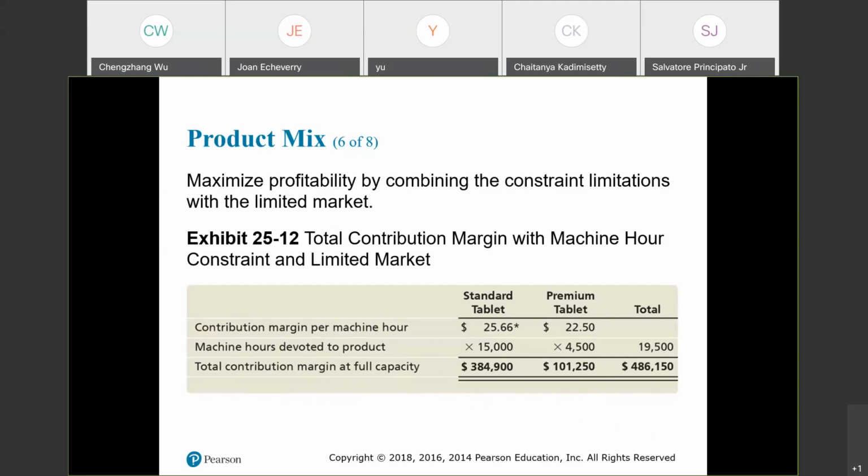Okay, first, let's challenge the first assumption. How could making only standard tablets hurt the sales of the other products?